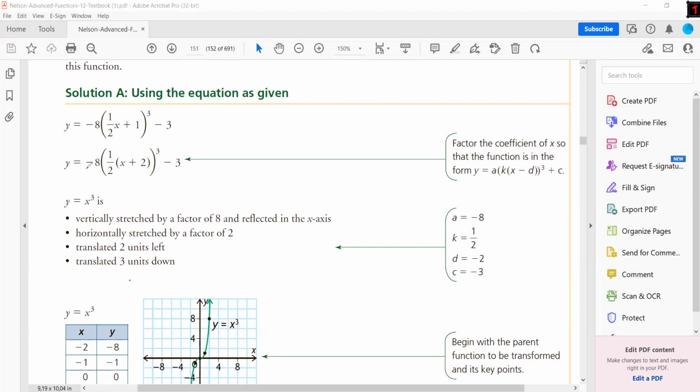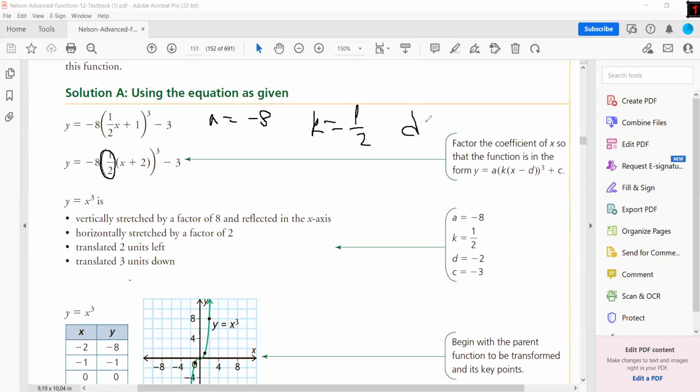Well, now we understand how the x cubed function would look, and now let's mention the coefficients that are taking place in our transformations. First of all, we have a equals -8. This is the one in front of the brackets, right? And it's negative. Then we have k equals 1/2.